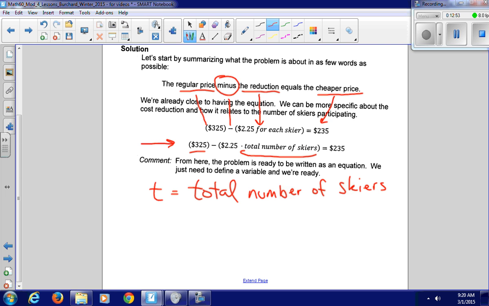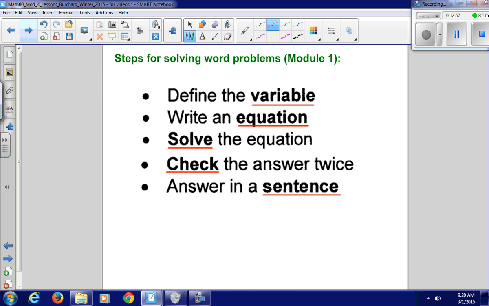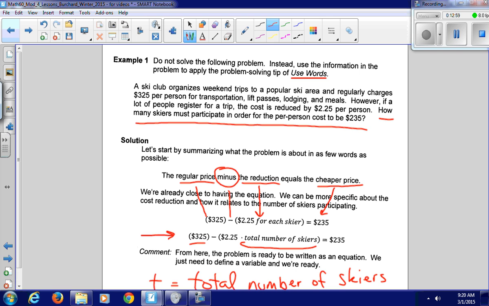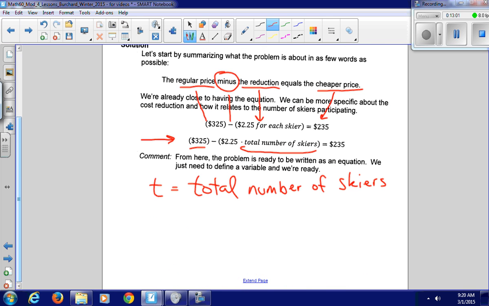And then the next thing in our problem-solving technique is write an equation, and that's what we've been shooting for all along. So we take our verbal equation, and we're just going to make it into an equation.